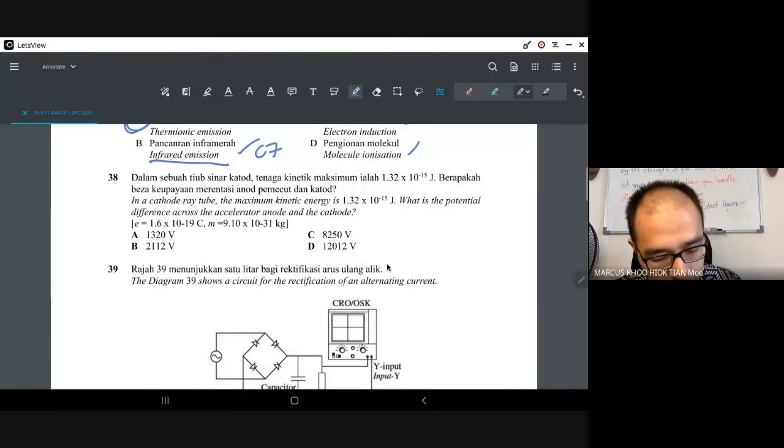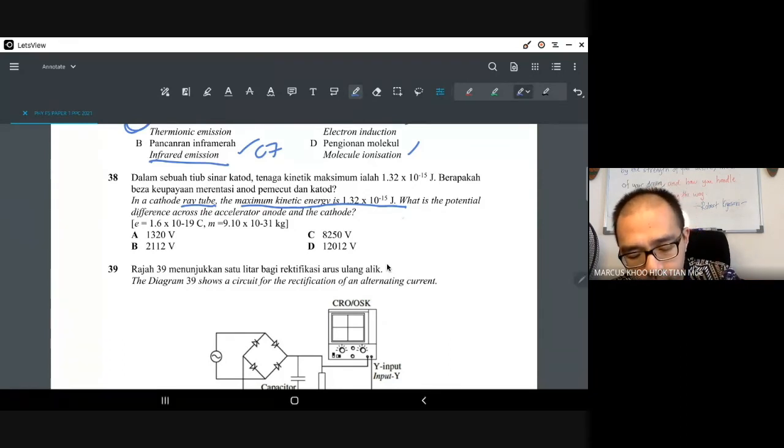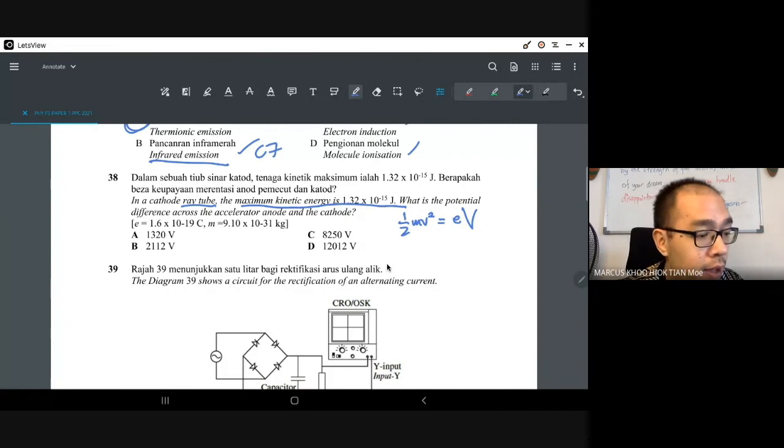In a cathode ray tube, the maximum kinetic energy is 1.32 times 10 to the power negative 15. What is the potential difference? We need to remember that in a cathode ray tube, and this is a very important formula, the kinetic energy, half mv squared, equals e times the voltage. Half mv squared equals eV.